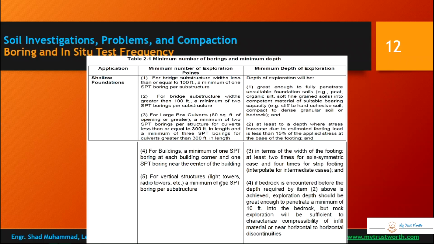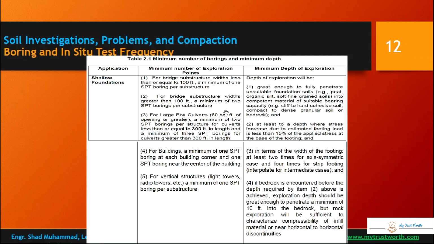For vertical structures, light towers, radio towers, a minimum of 1 SPT boring per substructure needs to be conducted. So this was regarding bridges, culverts, buildings and some specific structures.